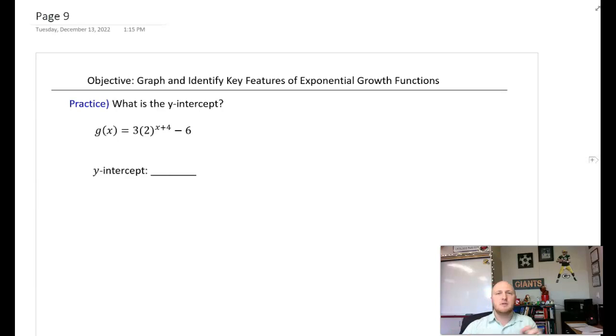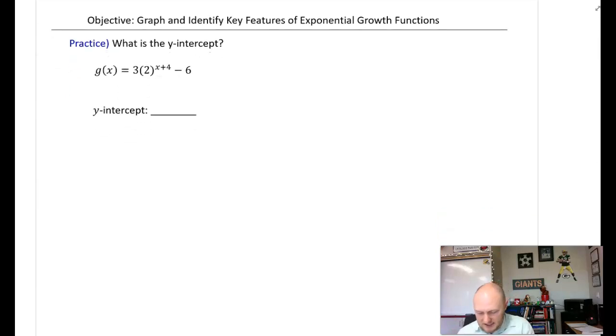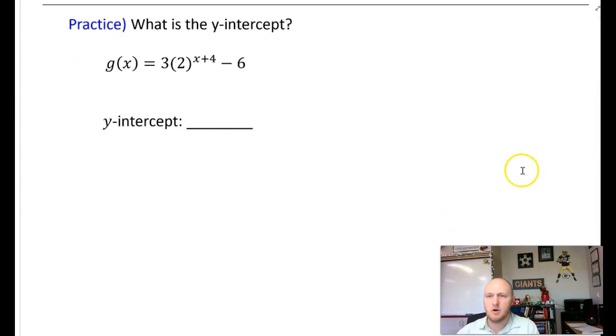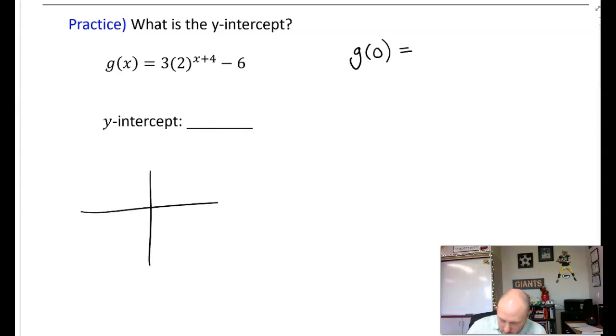The next couple of slides are just going to reinforce this idea of how we determine what the y-intercept is. Again, remember, you're going to find a y-intercept by evaluating what the function is at x equals 0. Here are all of the points of a y-intercept, and they all have an x value that is 0.